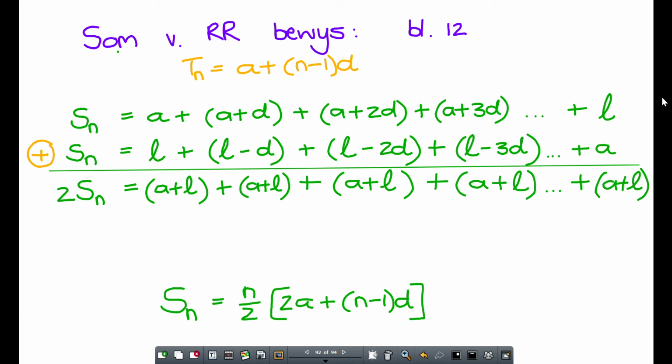Met ander woorde, 2 times the sum of n gaan gelyk wees aan, dis elke keer a plus L, maar hoeveel keer? How many times? Okay, hier lyk dit nou net soos 5 keer, maar sien nie daai doetjies tussenin. It carried on.